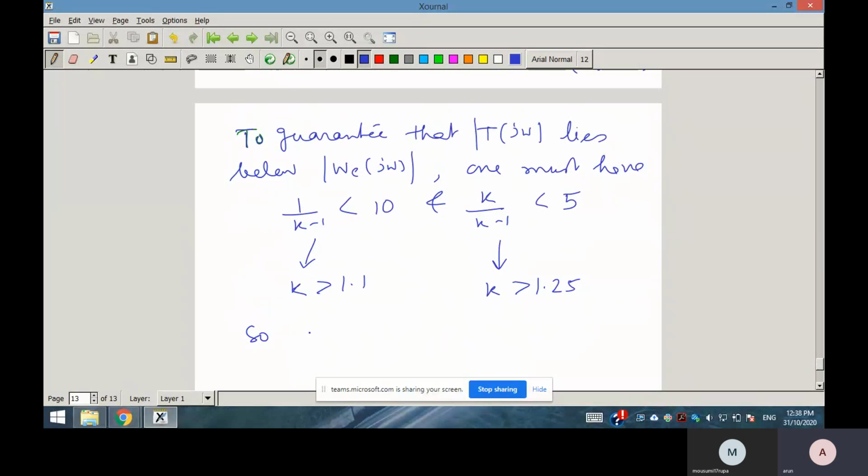So overall, to satisfy both, k should be greater than 1.25.